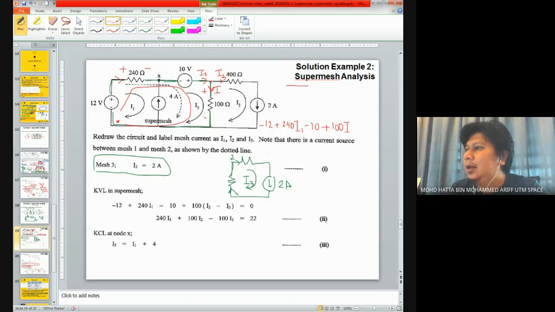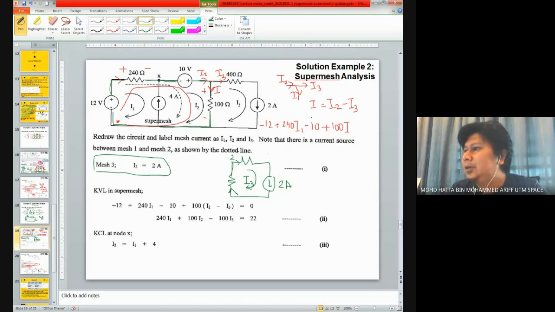And looking at that junction, this is the current I2 and I3. I is basically given by I2 minus I3.